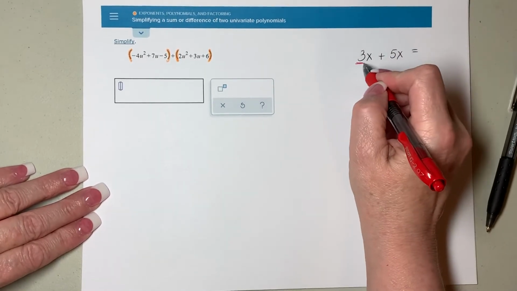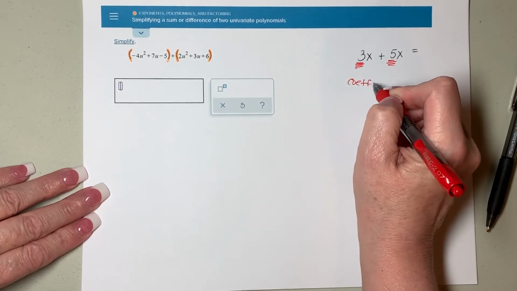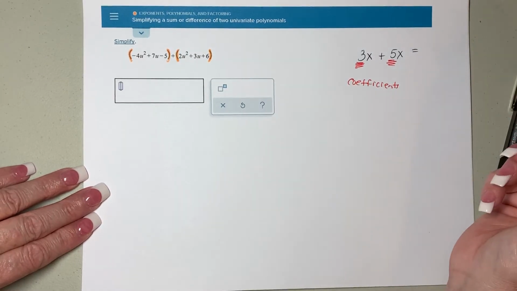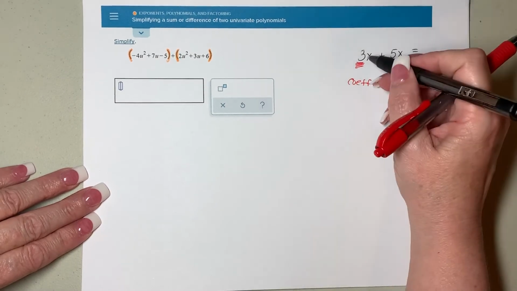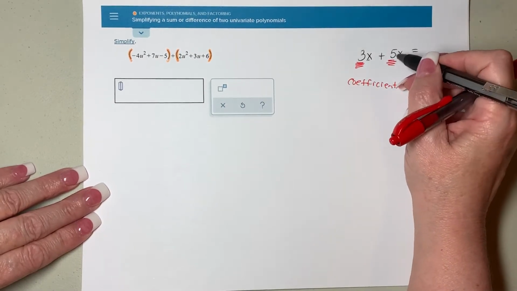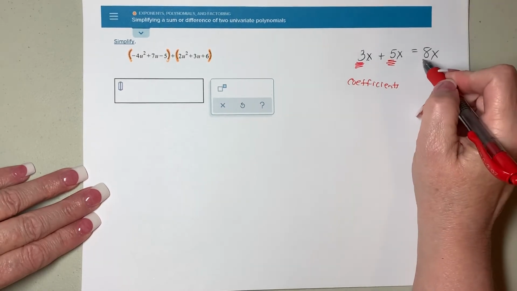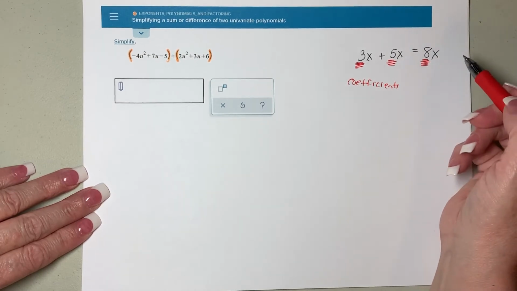The 3 and the 5 are what they call coefficients. And you're literally just going to add them. And the x is your variable. So if you've got 3 x's here and you've got 5 x's there, I have 8 x's altogether. All you do is add the 3 and the 5, and the x stays the same.